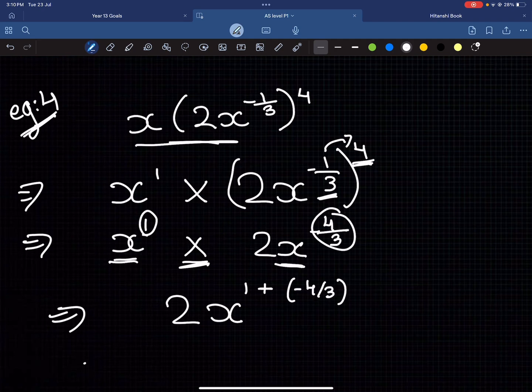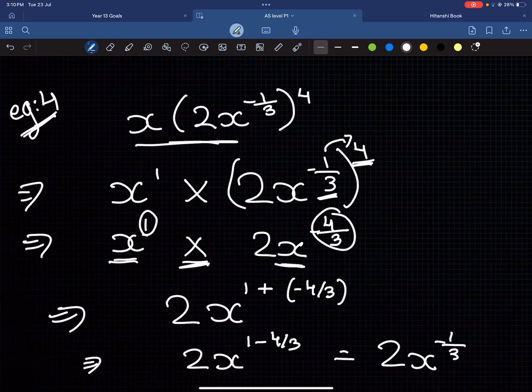If I can simplify that further, I get 2x raised to the 1 minus 4 by 3, and if I take my calculator again, 1 minus 4 by 3, I get 2x raised to the minus 1/3, right? So if you also want to simplify this further, you can also leave your answer over here, but if you want to go ahead and do it fully, you can take this 2x raised to minus 1/3.